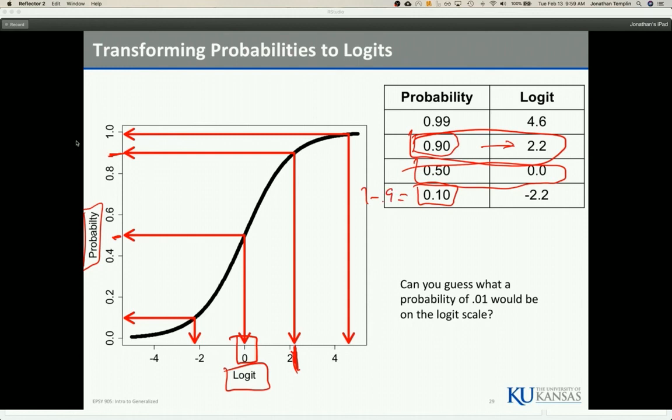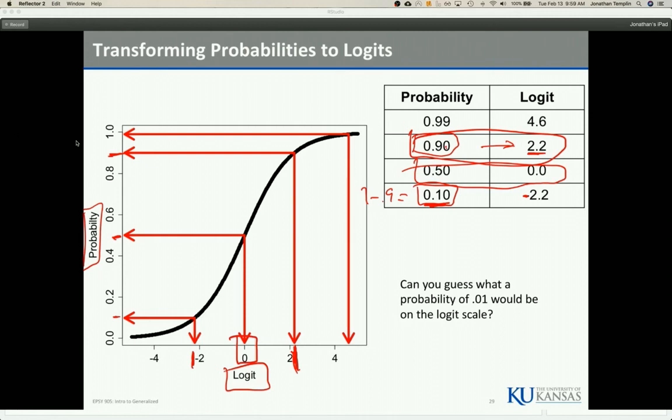The thing that makes it sum to 1 gives us that same logit multiplied by -1. So the probability of 0.10 gives us a logit down here at -2.2, because it's symmetric, or reflective, around 0.